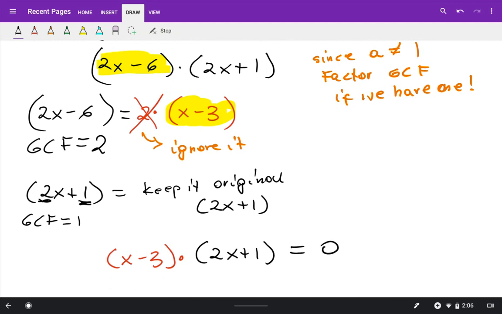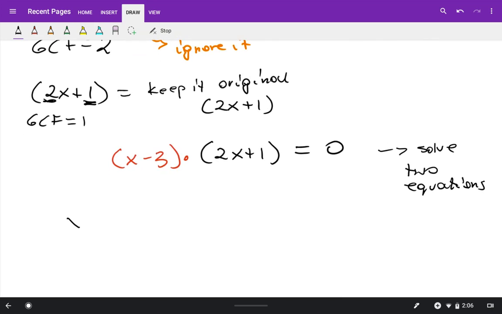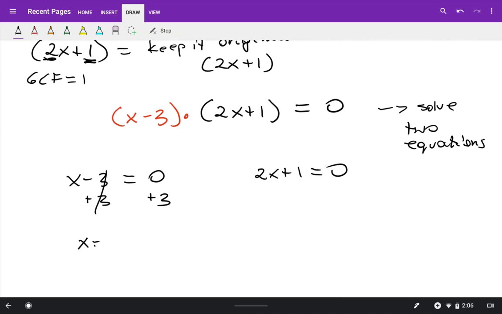Make that equal 0 and solve two equations. So we have x minus 3 equals 0 and 2x plus 1 equals 0. We're adding 3. So we end up with x equals 3. Here we're subtracting 1.